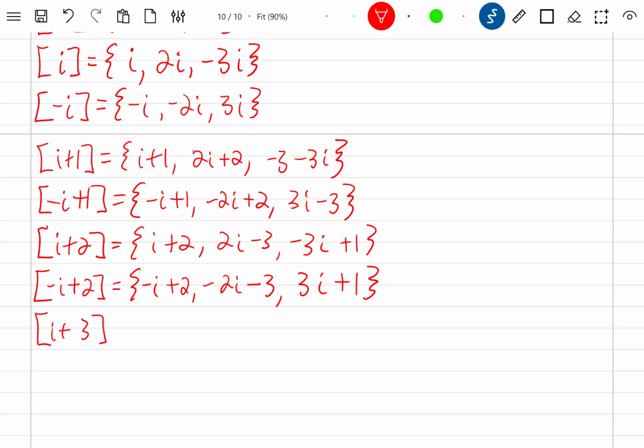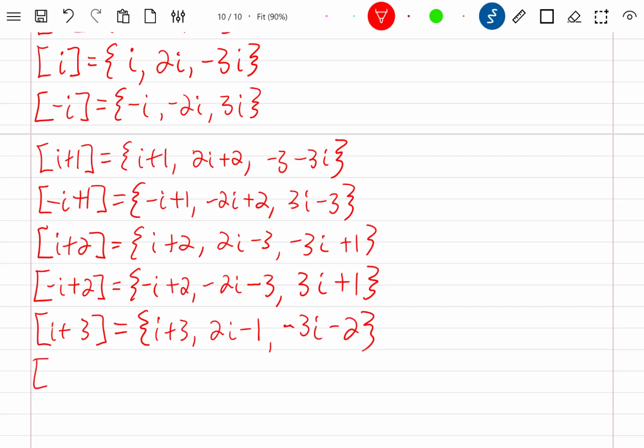I will do so here. I'm just looking at the paper where I had worked these all out. So I have i plus 3, and then when I multiply by 2, I should get 2i minus 1. And then when I multiply by minus 3, I should get minus 3i minus 2.